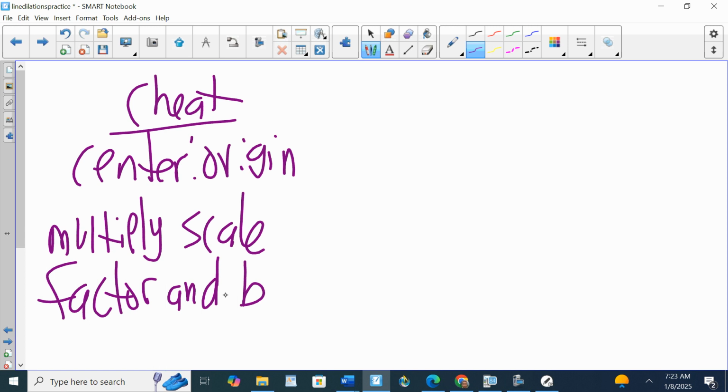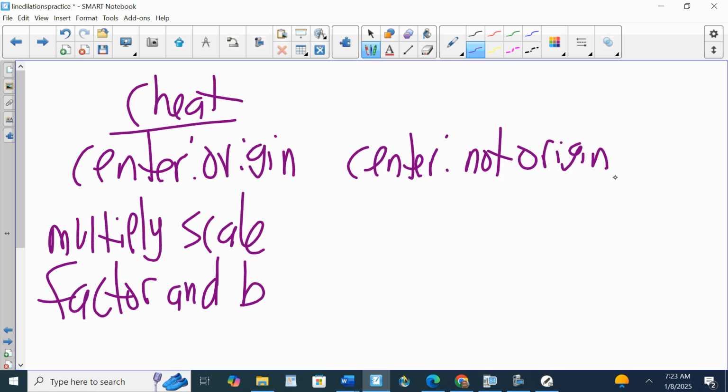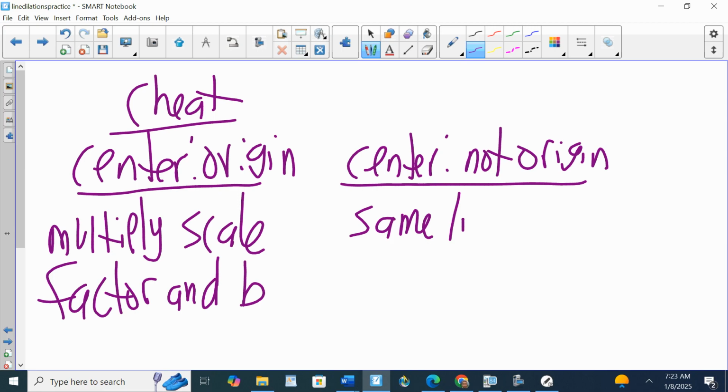If the center is not the origin, then it is going to be the same line. The reason is, if the center of dilation is on the line, then it's the same line. We learned that in a previous lesson. Technically, you should be checking to see if the center of dilation is on the line. But again, most of the time, really all the time that has been multiple choice, if the center of dilation is not the origin, it's on the line, it's the same line.